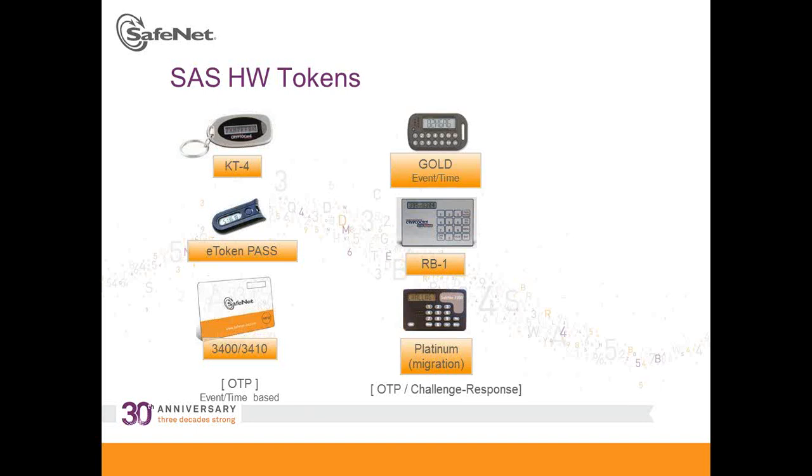So again, you can increase the complexity, decimal, hex, base 32, base 64. This token also can be programmed just like the other hardware tokens through an initializer. The RB1 token also has some limited functionality regarding transaction signing or digital signing. Again, they're not as per the standard, but we do allow you to do that based on challenge response and the API. And we also support the platinum-based token, which is an OTP token based on challenge and response.